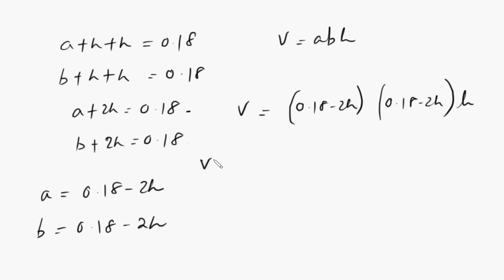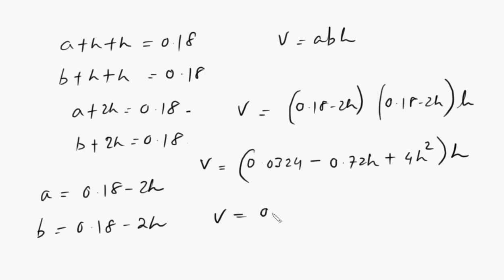So my volume is equal to 0.18 times 0.18, which is 0.0324, then the cross term is negative, so minus 0.72H, plus 4H squared, times H. Expanding this and multiplying in the H, I get 0.0324H minus 0.72H squared plus 4H cubed.